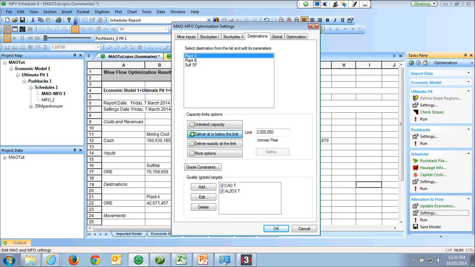Alright, so the destinations for anything that comes out of the pit are either Plant A, Plant B, or the sulfide stockpile. So Plant A, which is our lower cost plant, can process a limit of 2 million tons of ore per year. Plant B can process a limit of 1 million tons per year. The original case had one plant with 3 million tons per year.